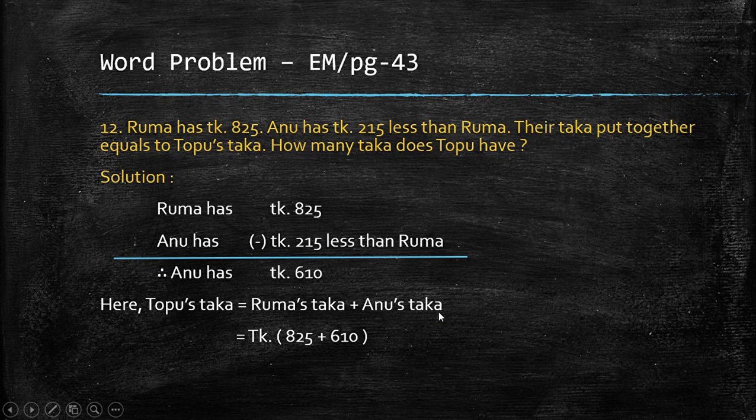So Ruma's taka is 825, and Onu's taka is 610, and we have to add them, right? Let's add them. Yes, the result is 1435. The total amount is 1435, and this 1435 taka is whose taka? Topu's taka. And this is how we can find out the total amount of Topu's taka.